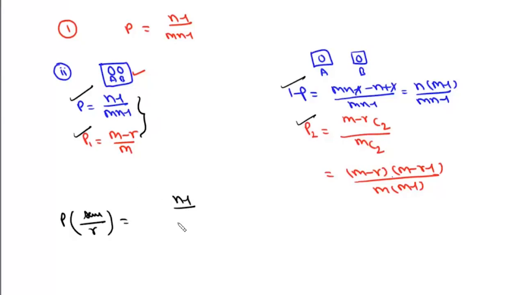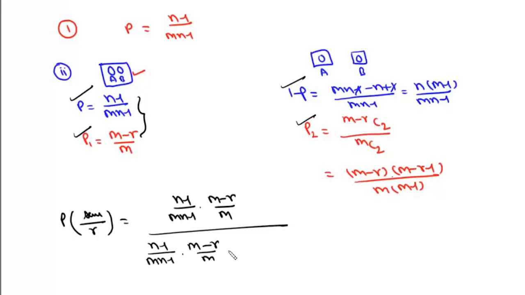So it will be (n minus 1) upon (mn minus 1) into (m minus r) by m, upon this plus the case where it is n into (m minus 1) upon (mn minus 1) into (m minus r)(m minus r minus 1) divided by m into (m minus 1).